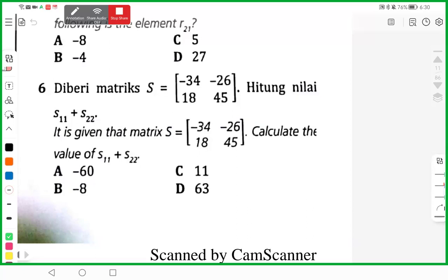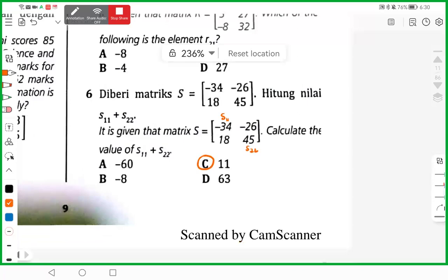S11 plus S22. Yep, correct. So S11, S22, just total up only.